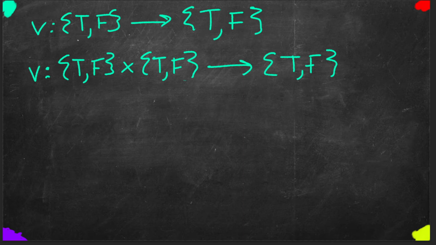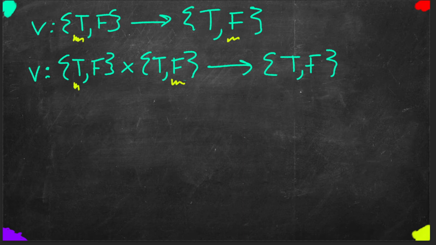I think it's pretty easy to understand. The first one, if you have a value of true, then it's going to output a value, either T or F. In the second one, it's taking one of the truth values from this first collection. Let's say it takes a value of true, and then it takes another value from the second collection.